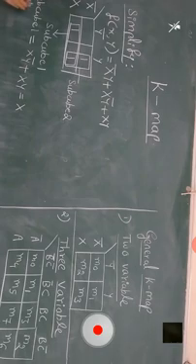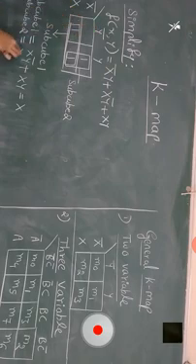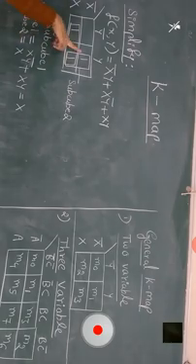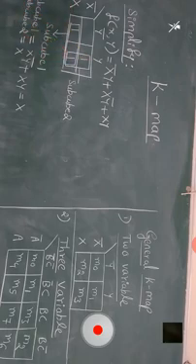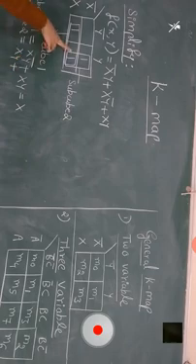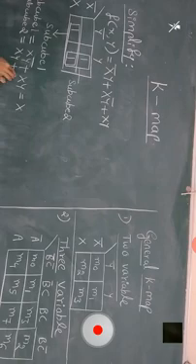Similarly, sub cube 2 gives the result as, in the first term we have to write, this is the second cube I am talking about, x y plus x bar y.